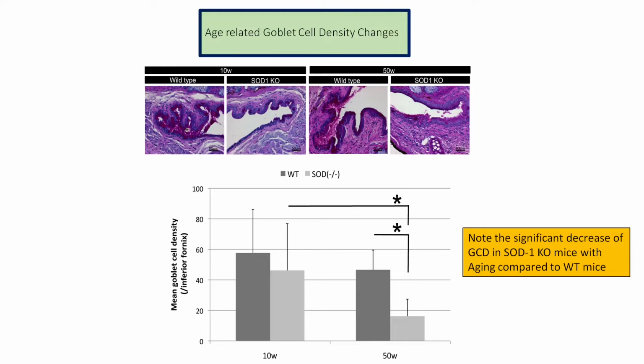The knockout induces accumulation of reactive oxygen species, which stimulates NF kappa B pathway in the lacrimal and meibomian glands and conjunctiva. For the purposes of today's presentation, I will summarize the conjunctival epithelial changes briefly. Now, we observed a significant age-related decline of goblet cell numbers in the SOD knockout mice.